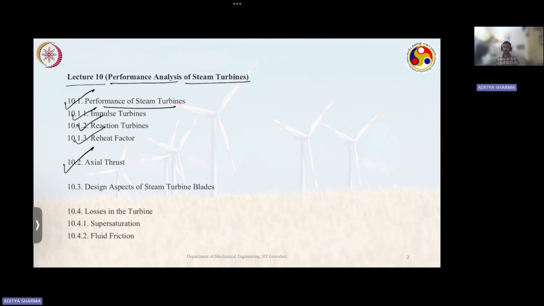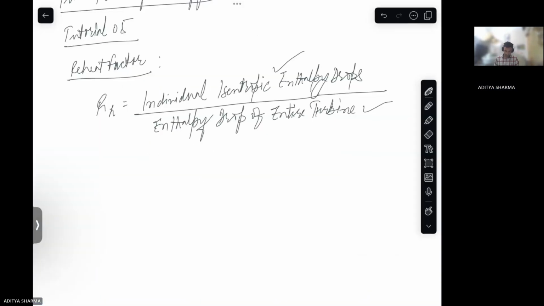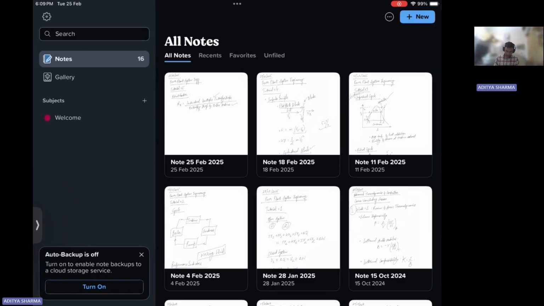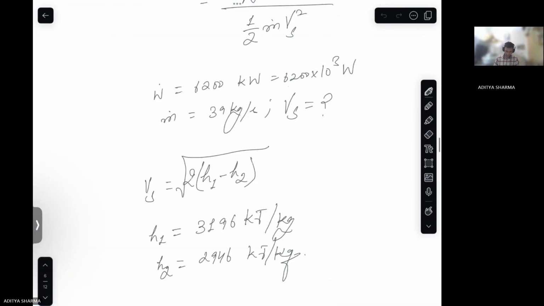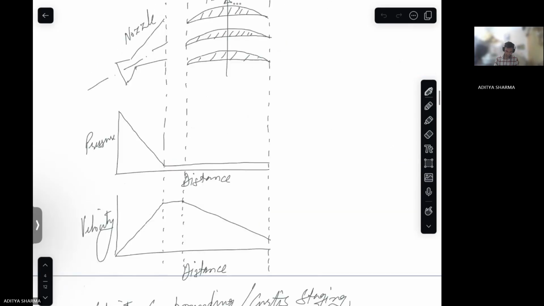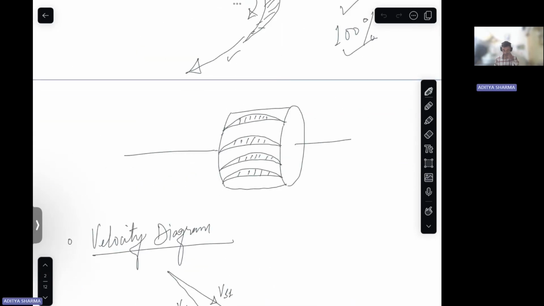Then one very important topic is axial thrust. Maybe I'll show you one diagram from a previous tutorial that I had drawn. So this is that diagram.